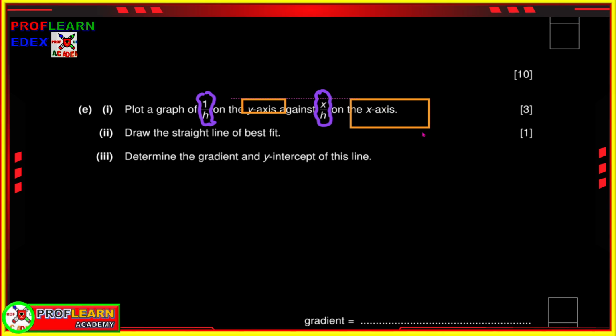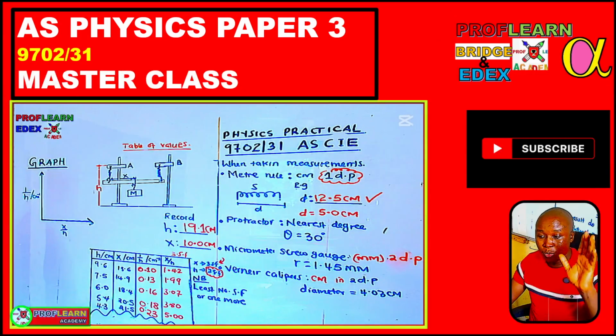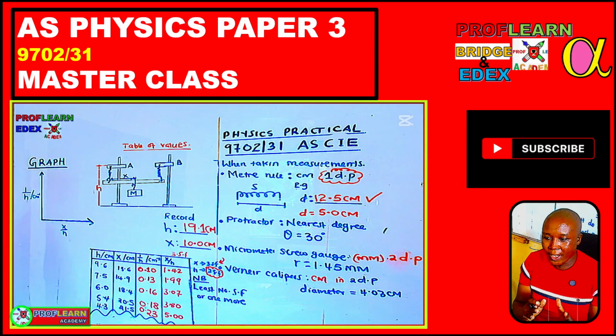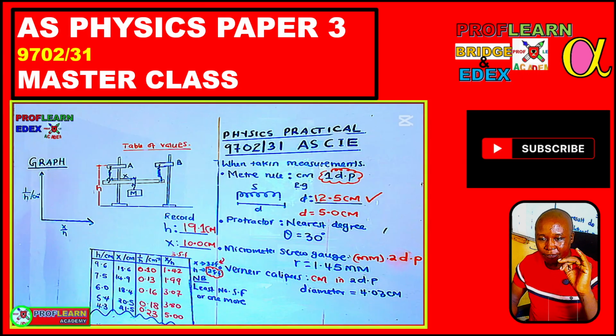Please be very careful so that you don't mess things up by inverting what should be on the y-axis and what should be on the x-axis. Ensure every time you know what's on the y-axis and what's on the x-axis, and on those axes you have to indicate the variables.